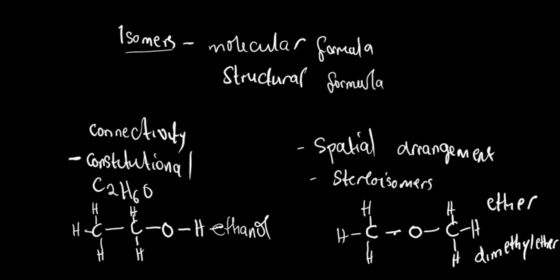So the connectivity differs, and this is basically what makes these two molecules constitutional isomers. Now, how about in a case where the connectivity could be the same, but these molecules only differ in the way their atoms are oriented in space? That's what we'll be focusing on in this video. So let's take a look at stereoisomers.